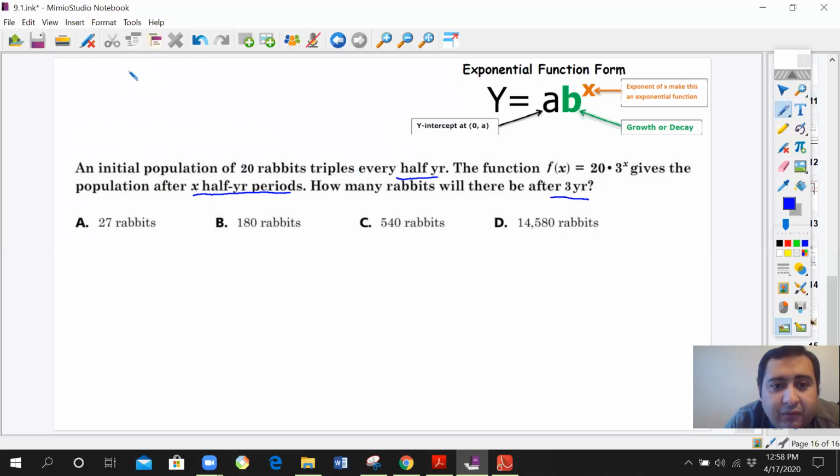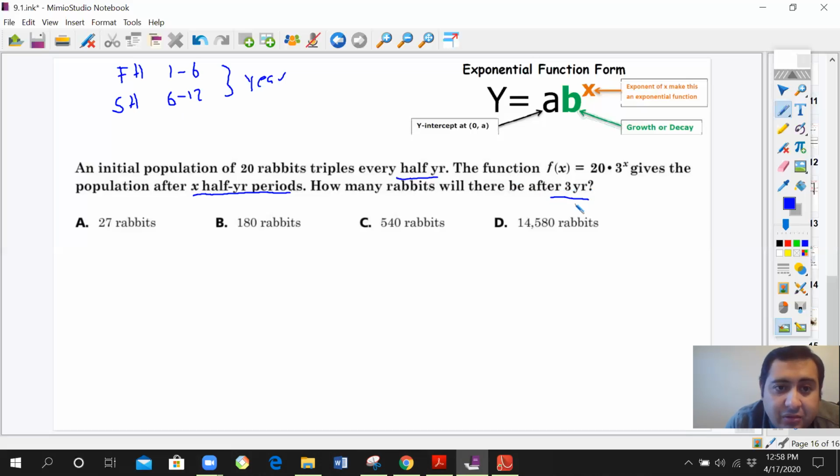So let's say your first half is months 1 through 6. Your second half is from 6 through 12, and that makes all of this into a year. So that means you have 2 periods within a year, and you have 3 years.